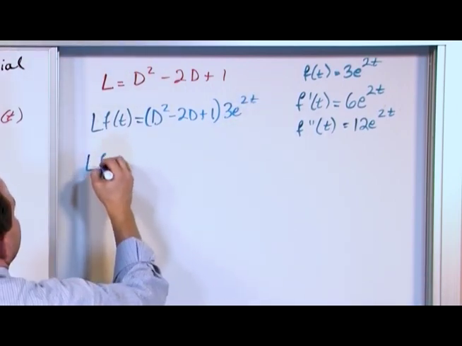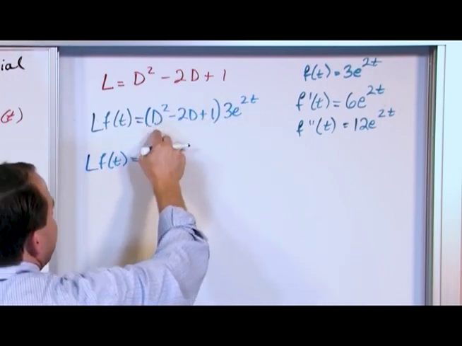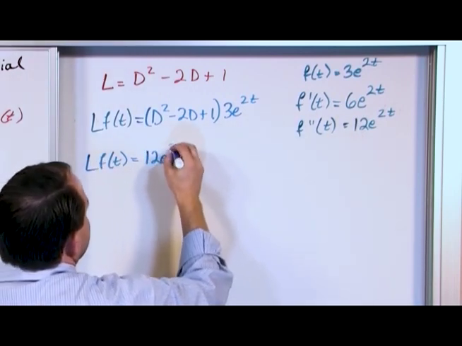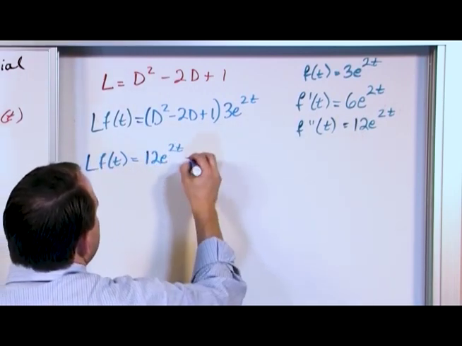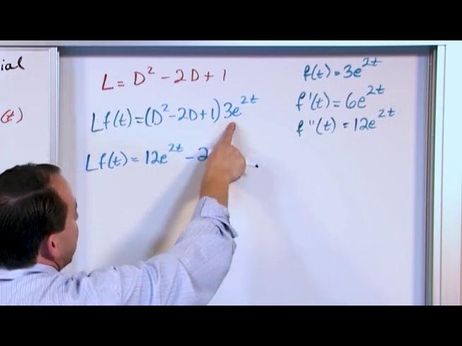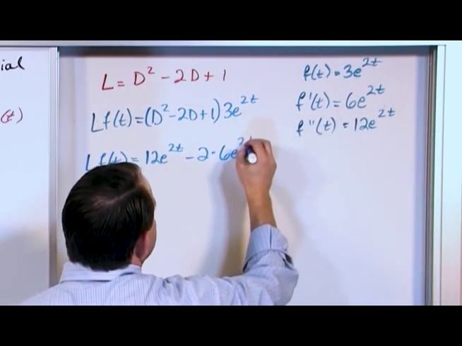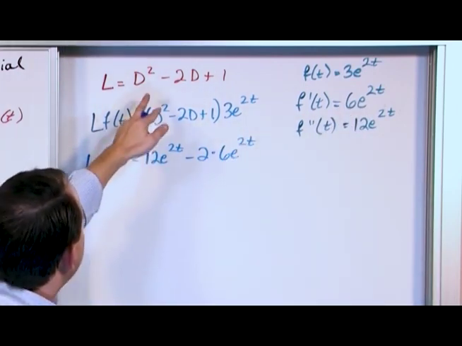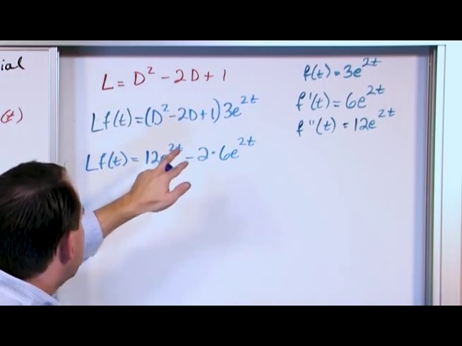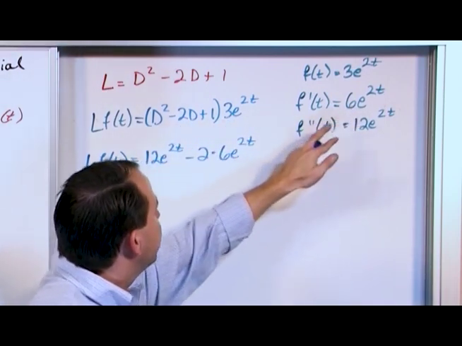So when we take this and operate with the second derivative operator, we get 12e to the 2t, minus 2 from this times this first derivative operating on it, which gives us 6e to the 2t. Make sure you understand my operator is not just the derivative by itself. It's D squared minus 2 times D. So I have to keep the 2 times the D that I've operated on here, 2 times 6.